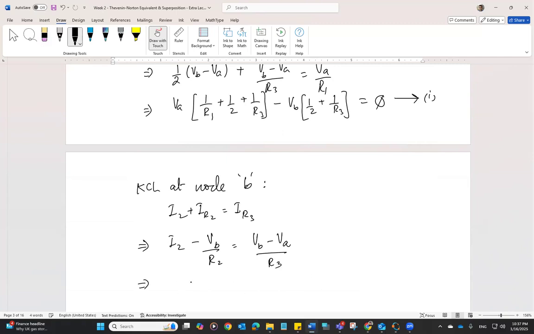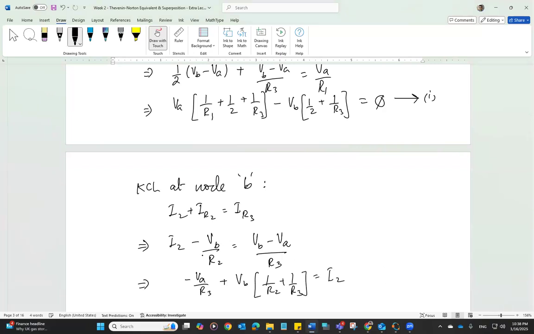So from this equation, I have negative VA over R3 plus VB times 1 over R2 plus 1 over R3 is equal to I2.